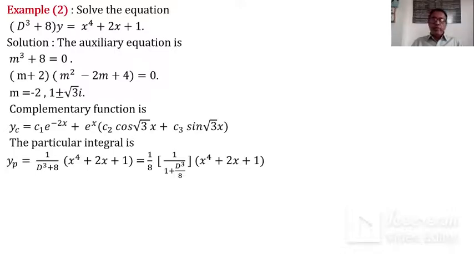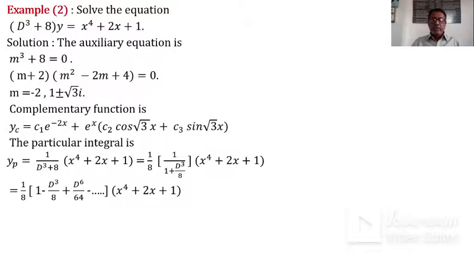And we know how to take the expansion of 1 upon 1 plus alpha. Use that result. Here alpha is D cube upon 8. That means its expansion is 1 upon 8 times 1 minus alpha plus alpha square minus alpha cube and so on.